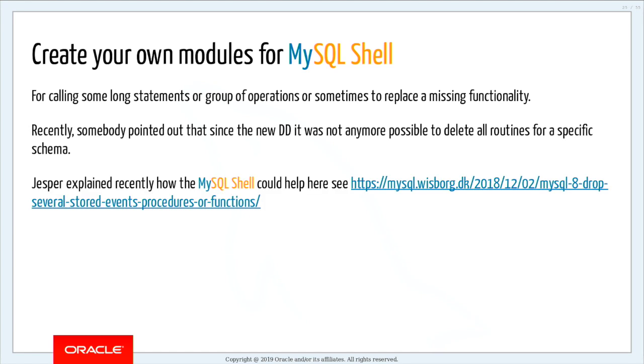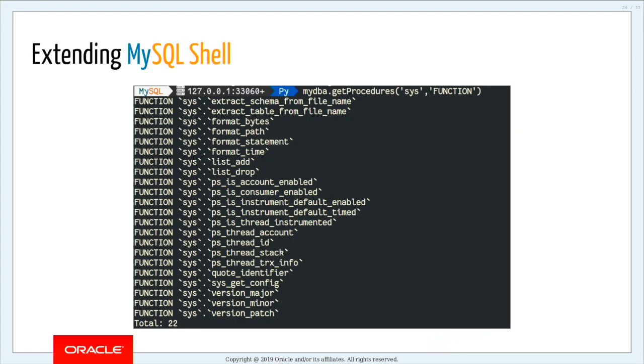So Jesper, one of our support experts, explained how you can find that and how you can create functions. And so I extended the shell by creating my own Python plugin to do that.